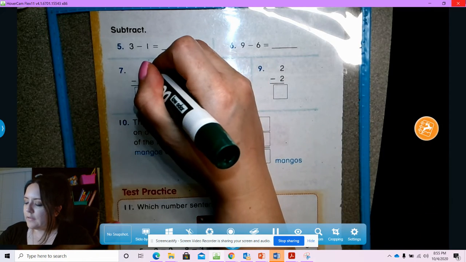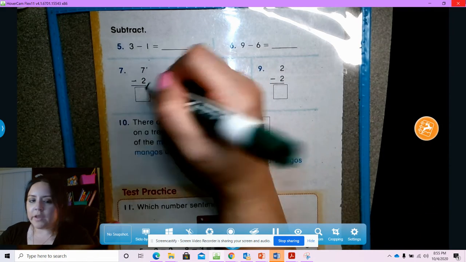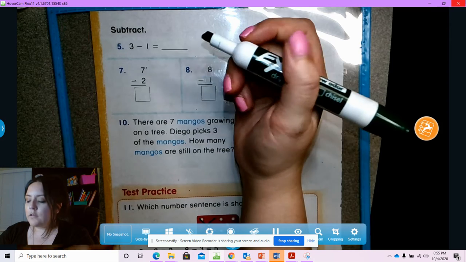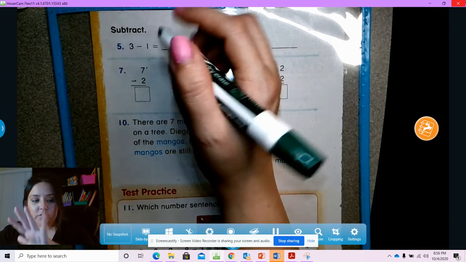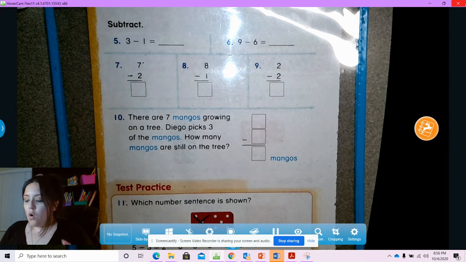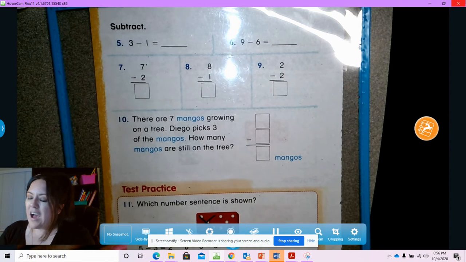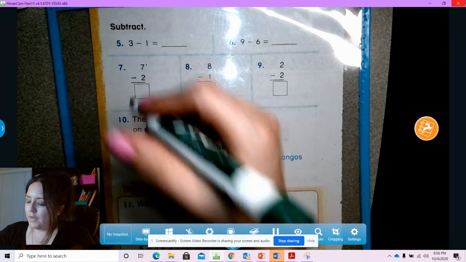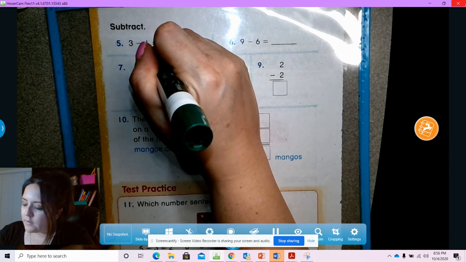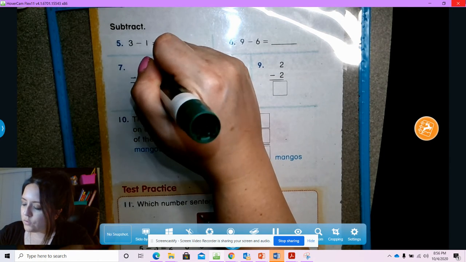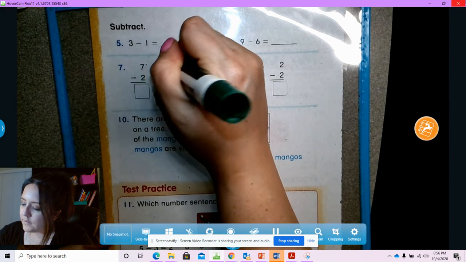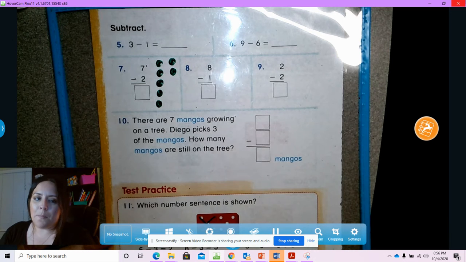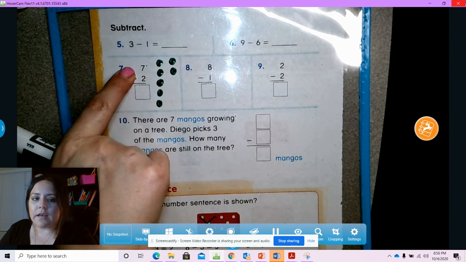Here we have 7 minus 2, and we need to find the difference. So we can do this with pictures, we can do this with our fingers, or we maybe already know this by memory, okay? I'm going to choose to do pictures for mine. So I know that I'm starting with 7 dots. 1, 2, 3, 4, 5, 6, 7. 7, that's my big number.